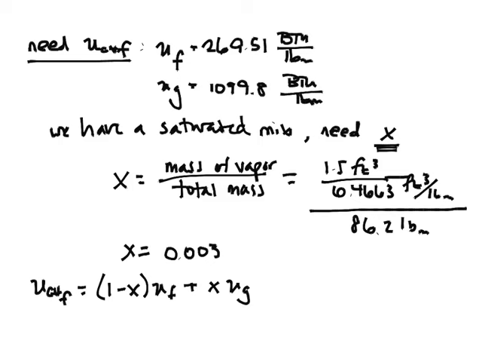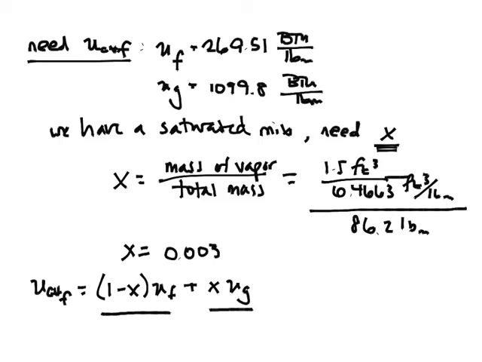I just find this very easy to remember because the first term is 1 minus the quality, which is the mass fraction of the saturated liquid, times the specific internal energy of the saturated liquid, plus the quality, which is the mass fraction of the saturated vapor, times the specific internal energy of the saturated vapor.